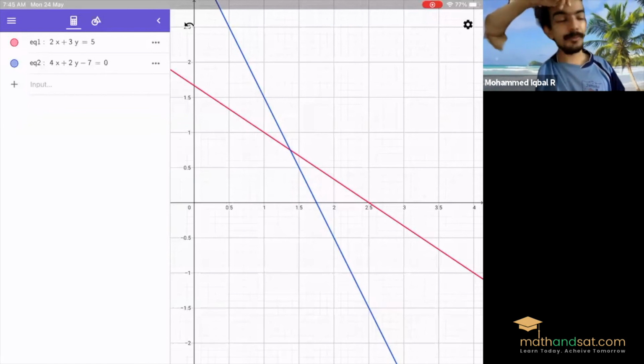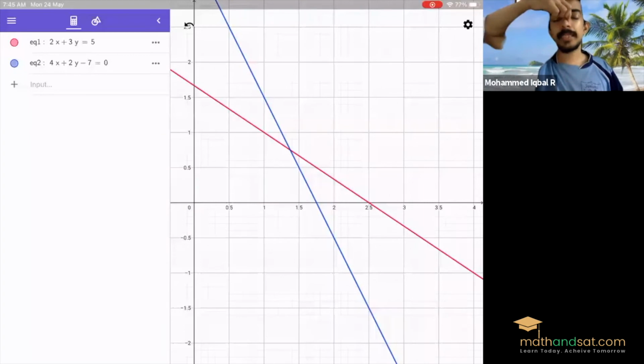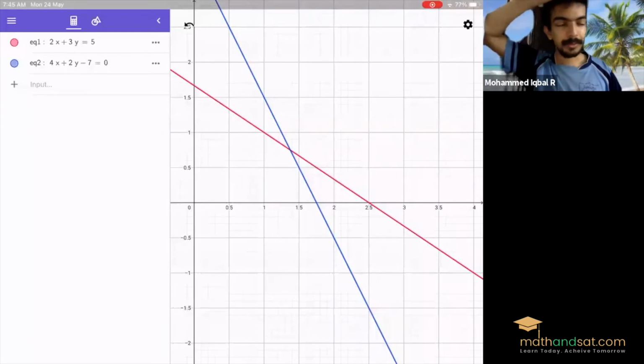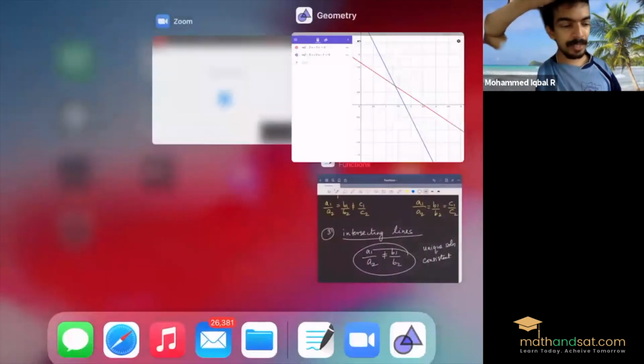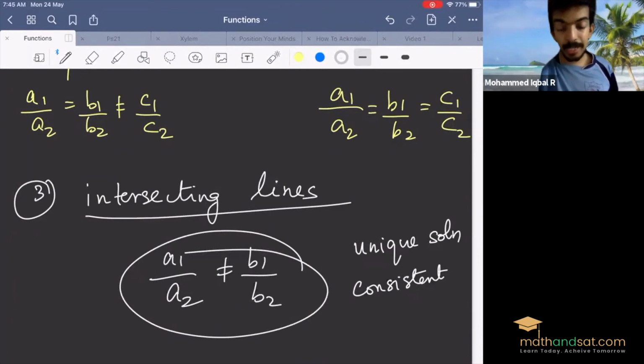So two lines in different directions are bound to intersect at some point, right? Very good. They intersect at one point. And in this case, we say that there's a unique solution. Clear? So that is the interpretation. We have just seen all the three different cases.